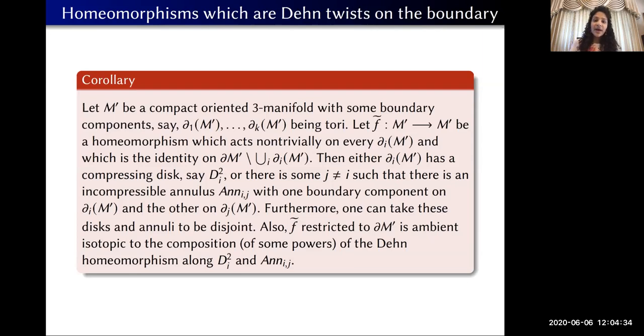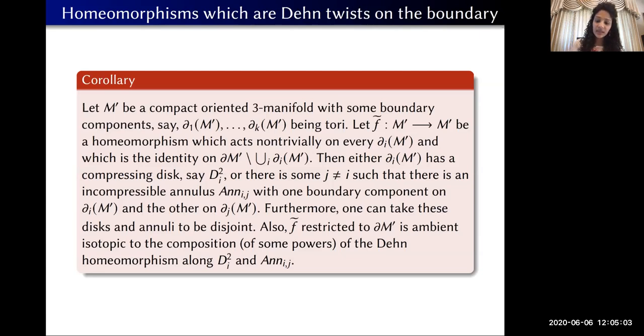So the reason why these two corollaries are important is because they tell us that if we have a compact oriented 3 manifold with a Dehn homeomorphism as described on the boundary, then there exist compressing disks and incompressible annuli which are disjoint. And these compressing disks and incompressible annuli are important because they form the building blocks of the non-separating two spheres in the 3 manifold.